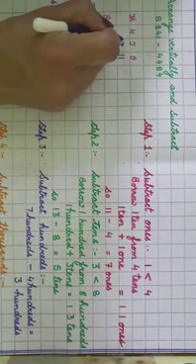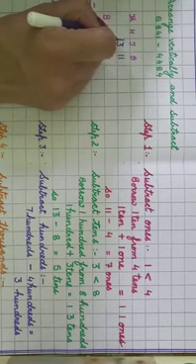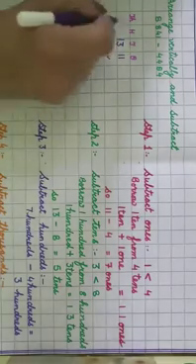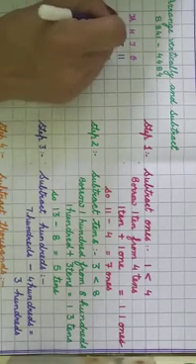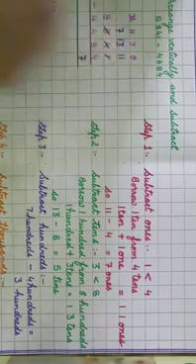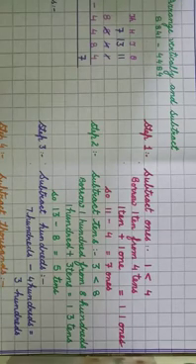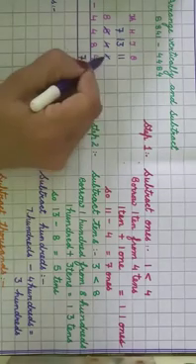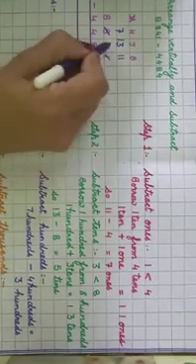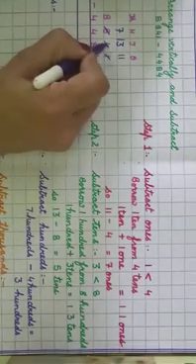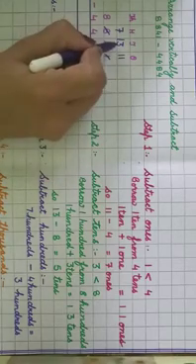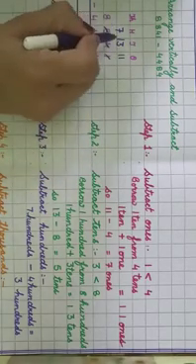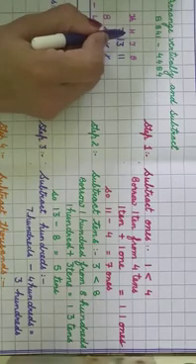Now it will become 13 tens and this 8 will become 7 hundreds. This 1 is smaller, it has borrowed 1 from tens. Now this one is smaller, it has borrowed 1 from hundreds.